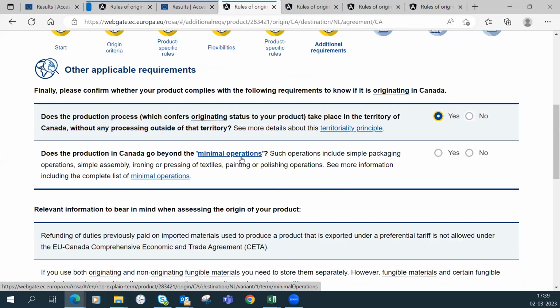You always need to check that what you have done goes beyond minimal operation. Minimal operations are operations such as simple packing, etc. You go there, and again, you will see the full listing of minimal operations, but you always have to check that you are sure that you go beyond minimal operation. For the sake of time, I will say yes.